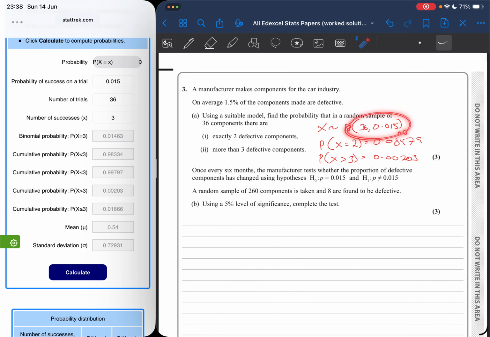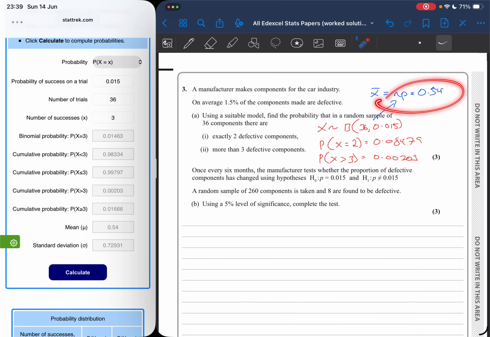Let's just work out the rough expected value we should have. So 36 times that small probability, 0.015, gives me a value of 0.54. So yeah, np is 0.54. That's the mean of this thing. It's the expected mean.